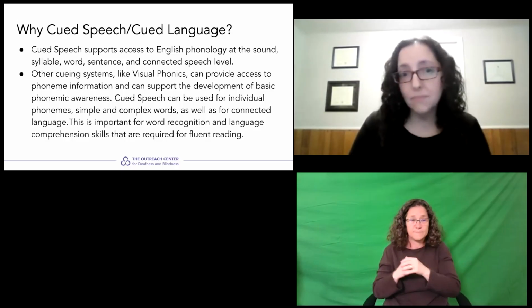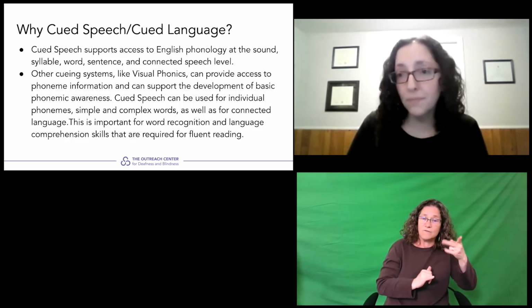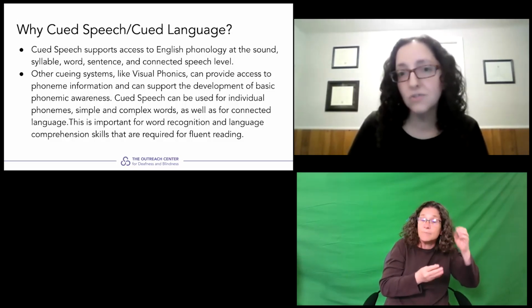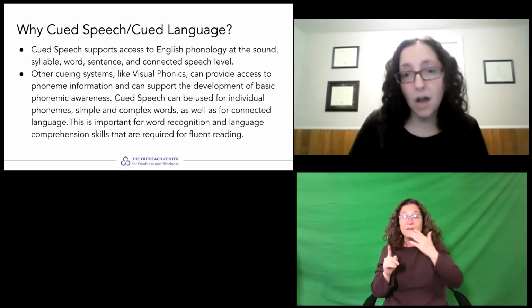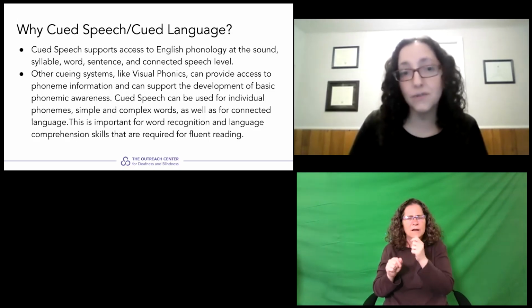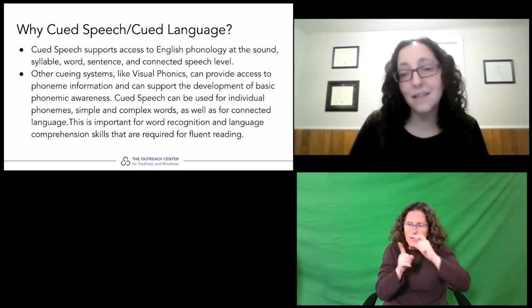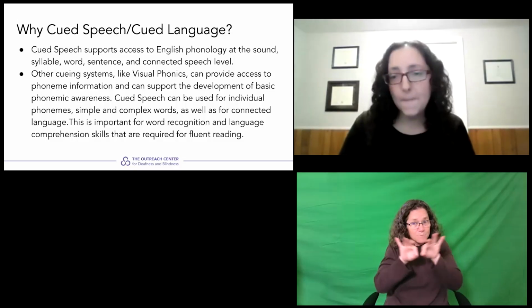Other cueing systems, like visual phonics, can provide access to phoneme information and can support the development of basic phonemic awareness. But cued speech can be used for individual phonemes, simple and complex words, as well as for connected language. And this is important for word recognition and language comprehension skills that are required for fluent reading.